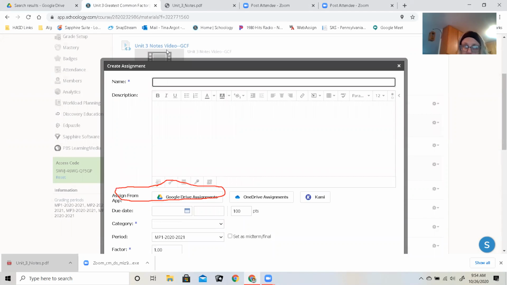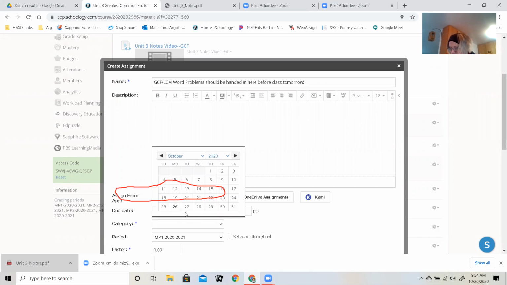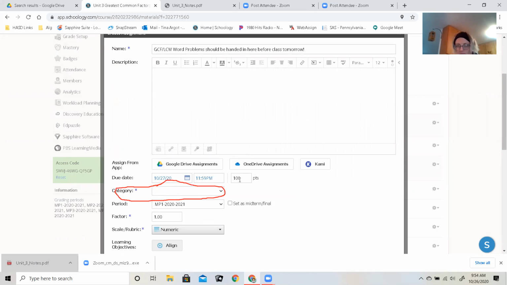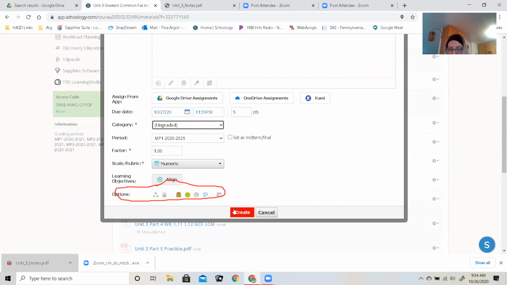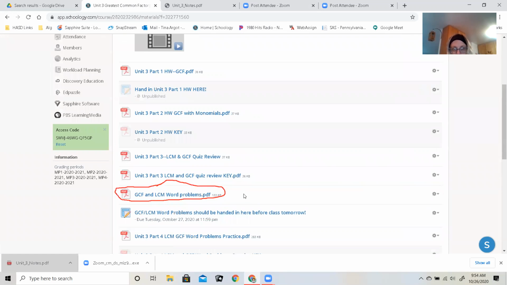And she's going to make the spot for you to hand it in. So you'll see there right underneath what you're working on, Mrs. Argar created the spot where you're going to hand it in, and it says hand in here before class tomorrow.